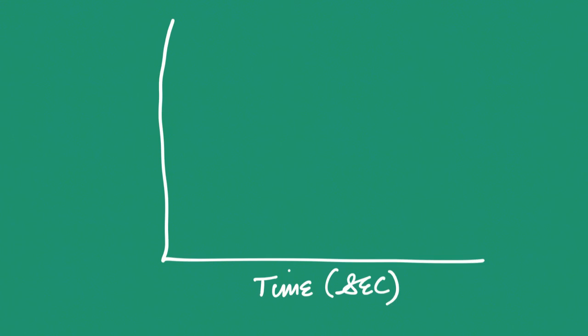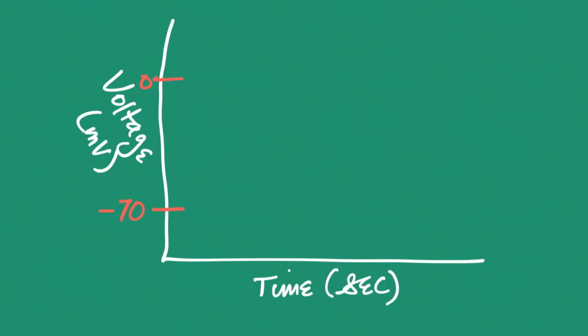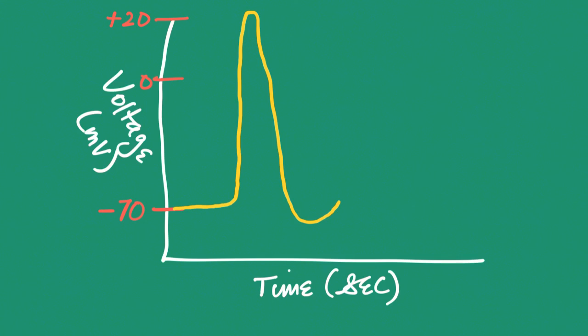Let's explain the whole thing with a graph. Here is time in seconds on the x-axis, and voltage in millivolts on the y-axis. On the y-axis, we'll also have our important voltages: minus 70, 0, and plus 20. The resting membrane potential starts at minus 70, then goes up as the depolarization phase of the action potential, and comes down as the repolarization phase of the action potential and goes back to normal.